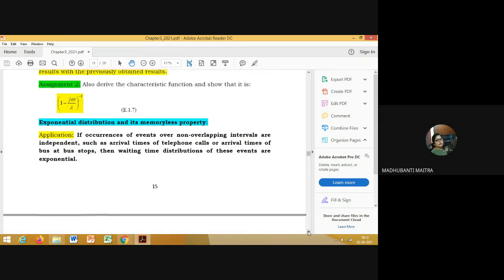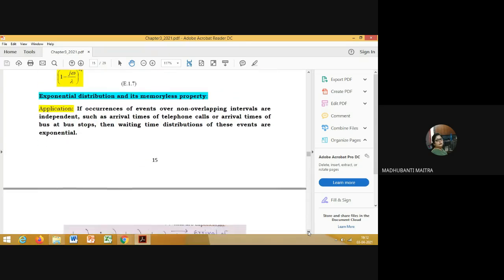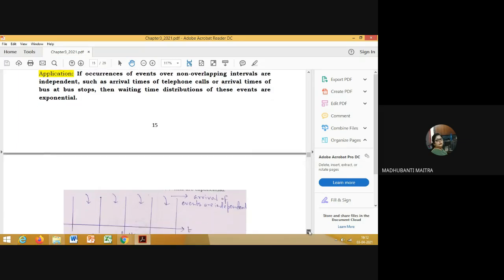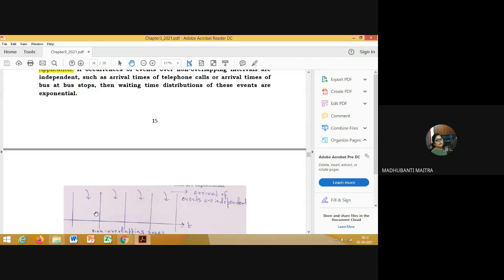Let's see. Now, application. First let us discuss the application. If occurrence of events over non-overlapping intervals. So these are some non-overlapping intervals, and these arrows actually represent that some events are occurring in this particular interval, some events are occurring in this particular interval, so on and so forth, right?